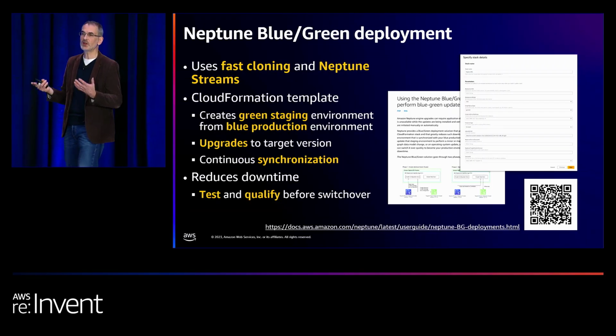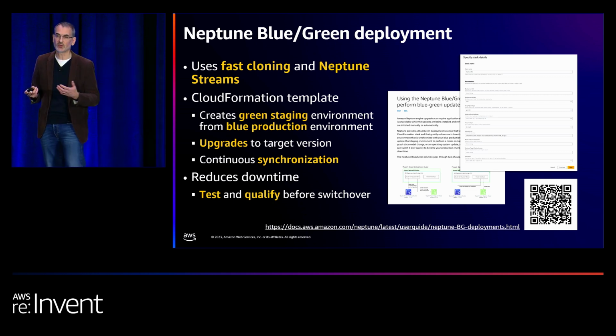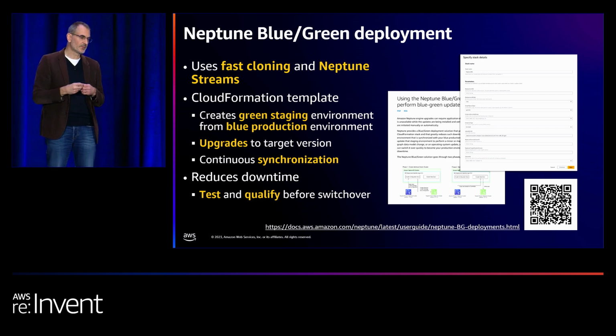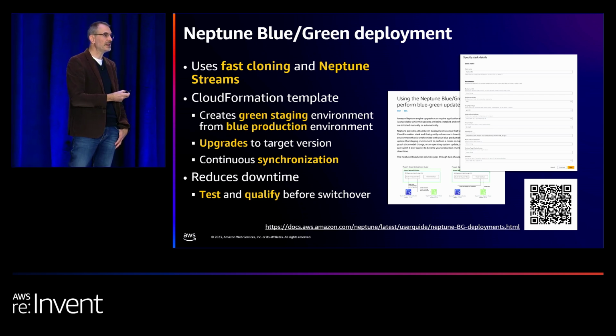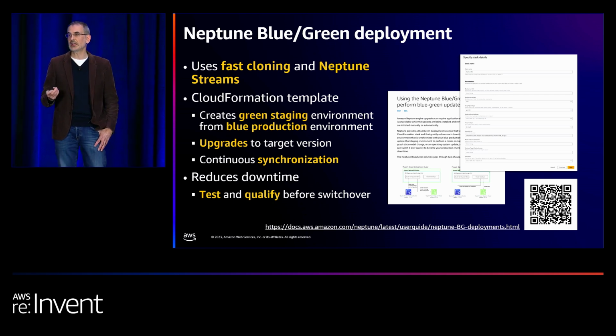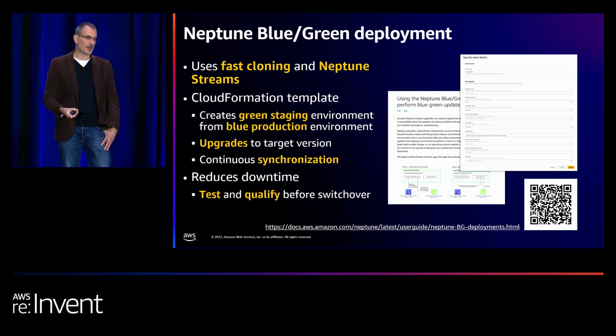So even for major version updates, blue-green deployment results in a downtime of probably just a couple of minutes, several minutes or so. Right? So it's built on a couple of native Neptune features, including fast database cloning and Neptune streams, and it's installed via a CloudFormation template.